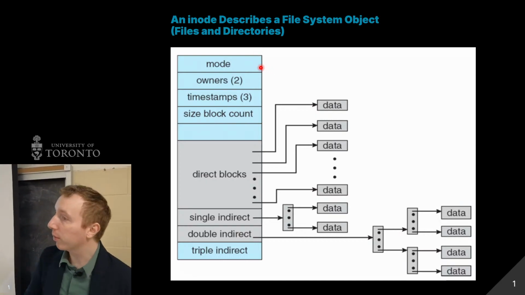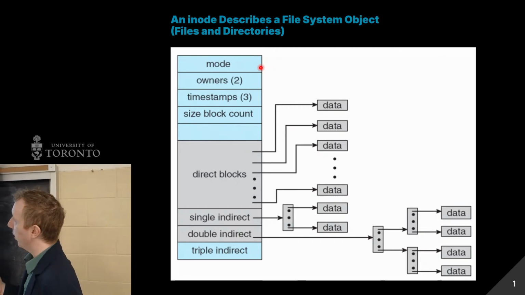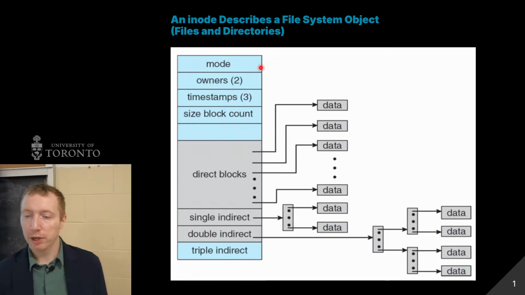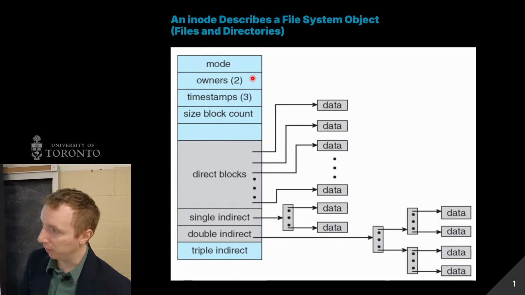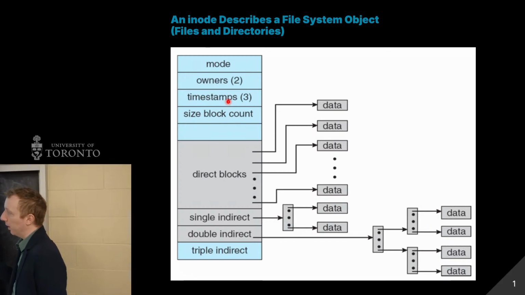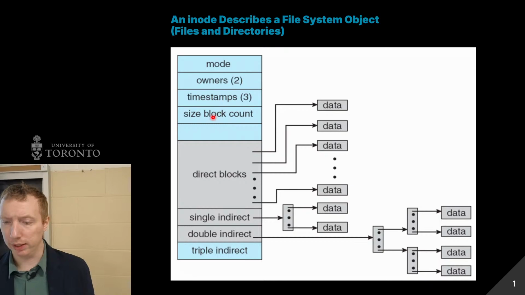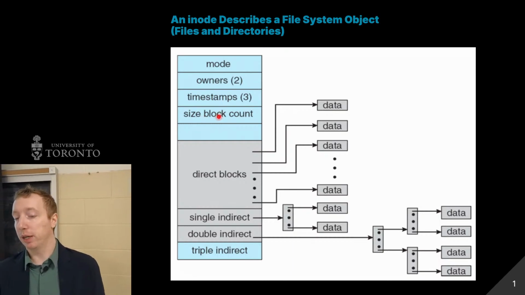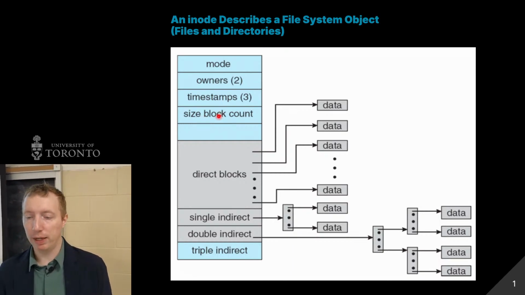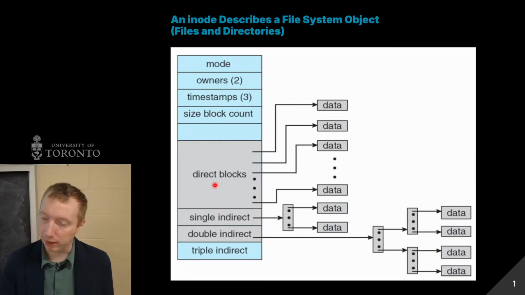Content stored on the inode includes the mode of the file, so all your permissions, who owns the file, the user and the group, timestamps like when you created it, when you last modified it, and when you last changed it, which is a slightly different thing, the size, the block count, so how many blocks this file consumes, and some other information. And then here is that array.